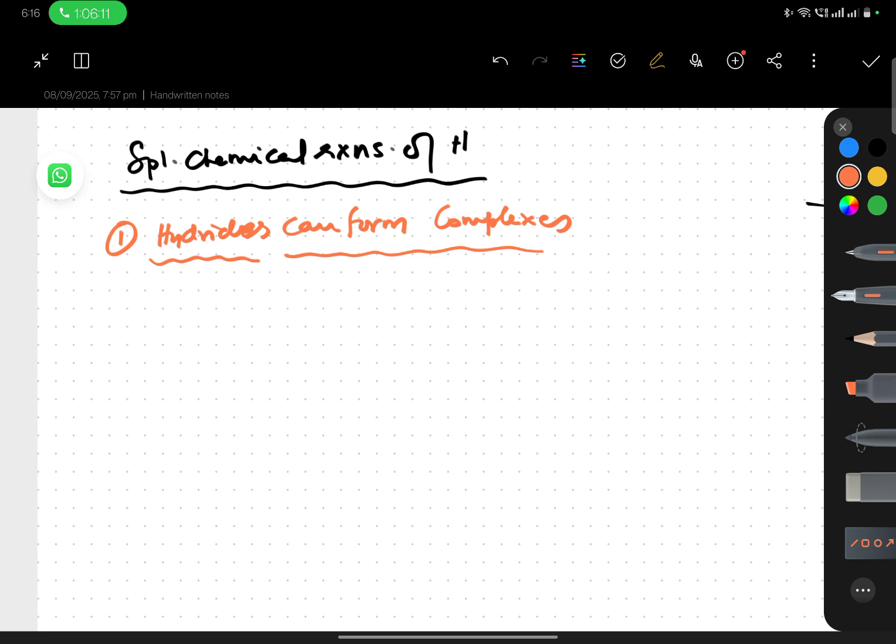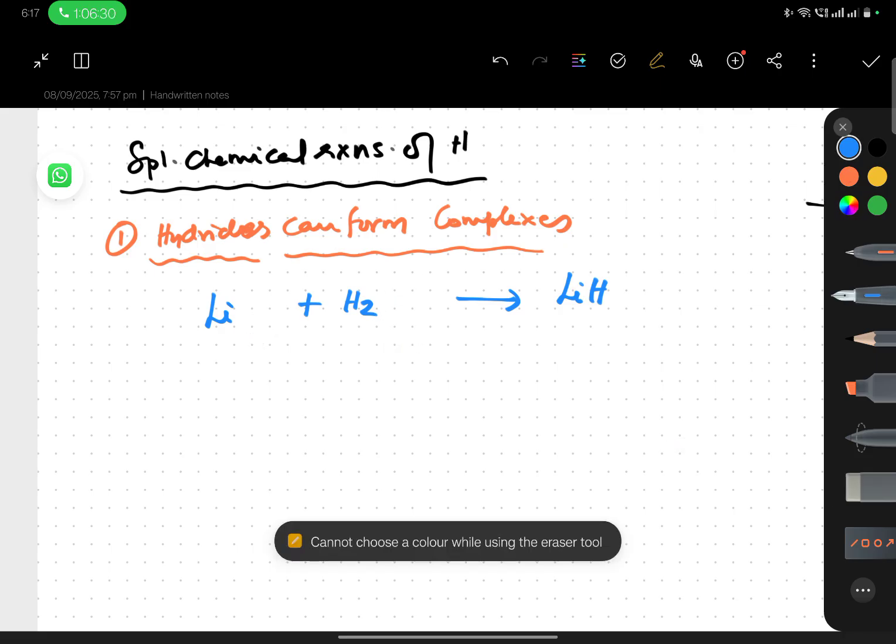So for example, you take lithium solid plus dihydrogen gas gives you lithium hydride. Now you balance, ma.